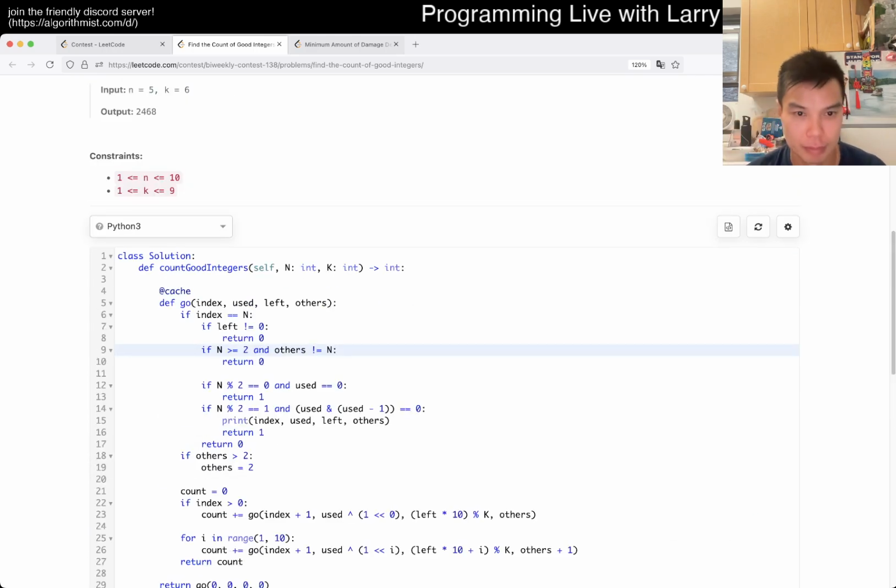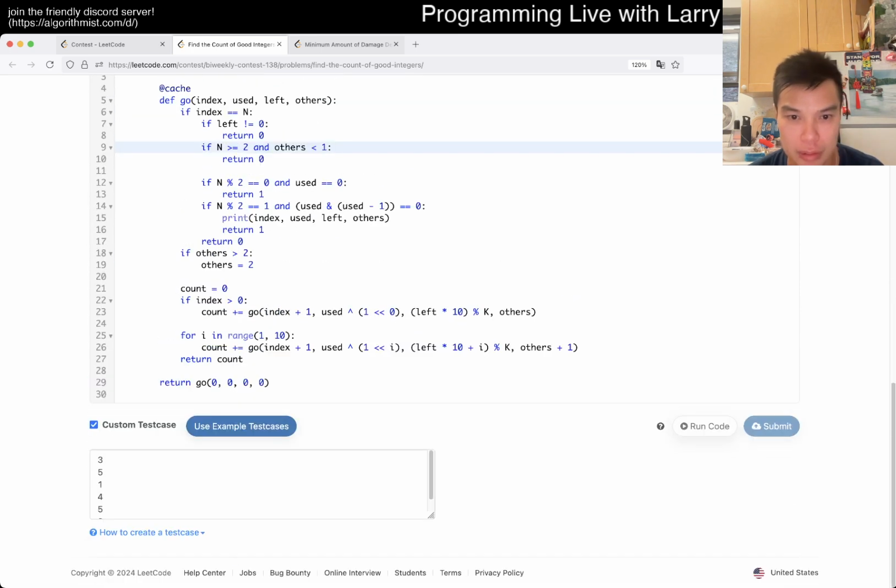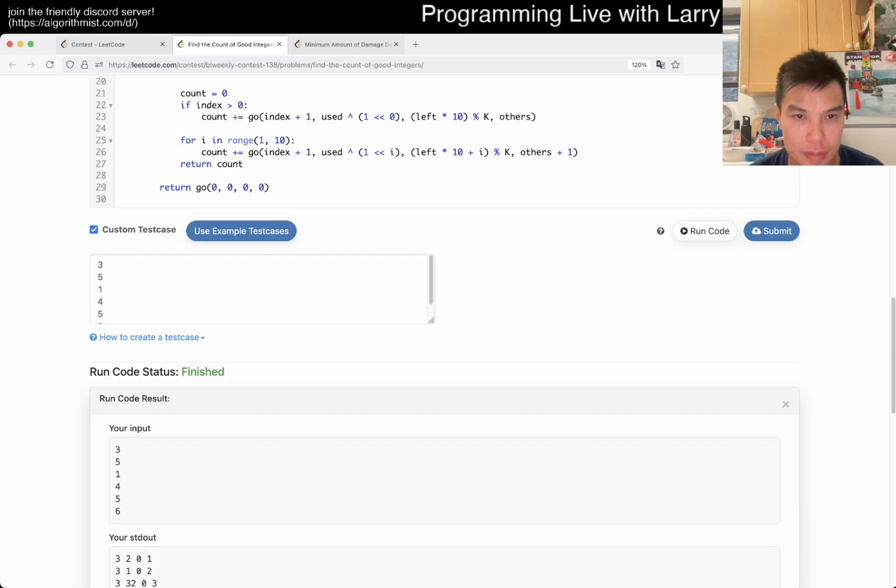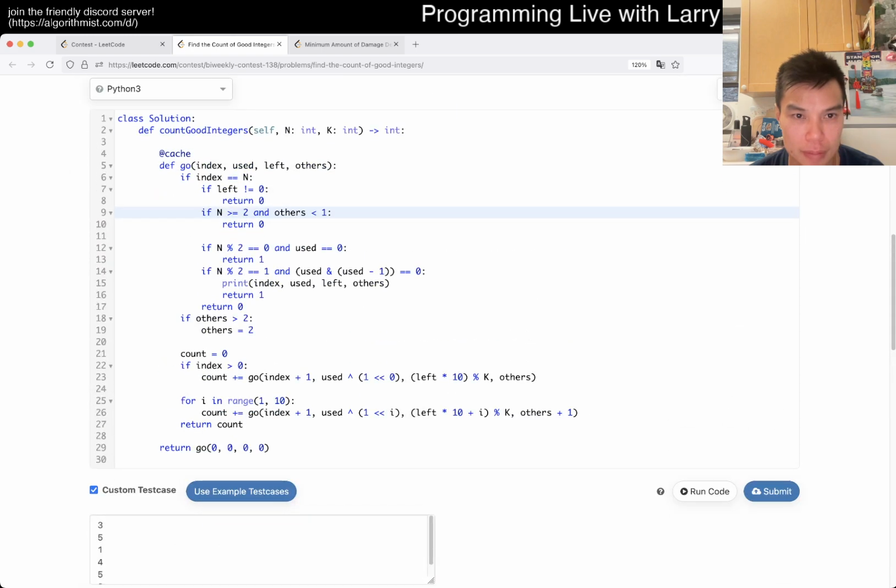Right? So if others is less than n, right? Others is less than or equal to 1.